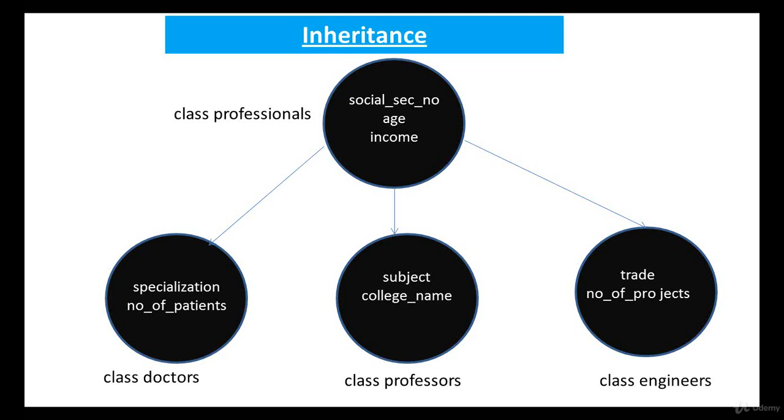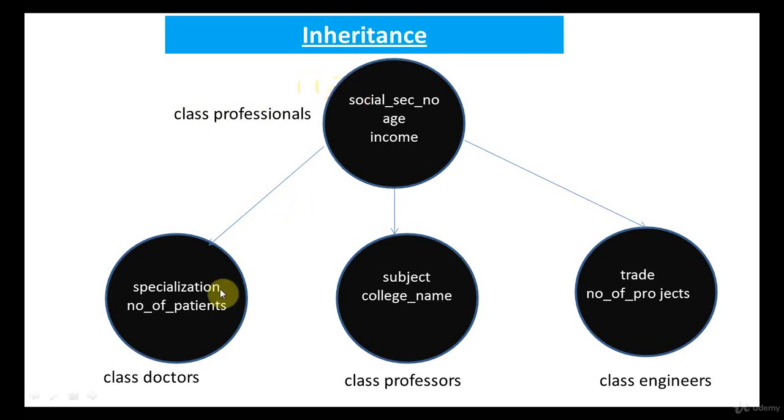In such cases, we create a parent class that contains all the common data and methods, and subclasses are the classes that have their specific data and methods. Let me explain it with the help of this example which is in front of you. In this case, I have got a parent class, Professionals. A parent class is also called a superclass.